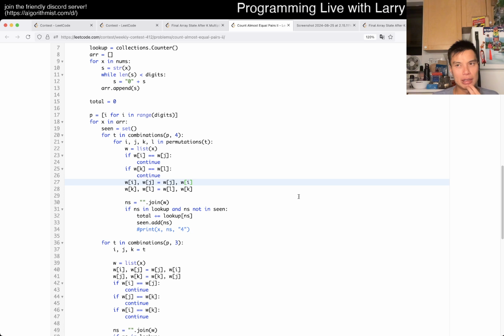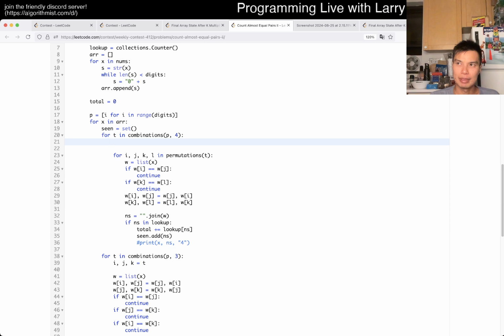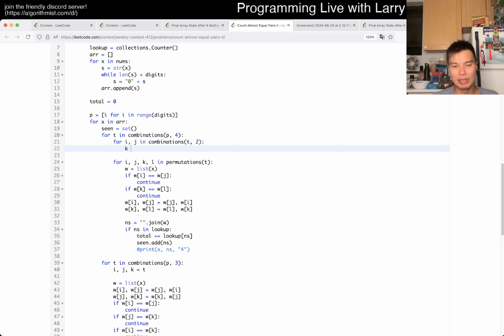So what I want now, if I don't want this seen thing, how do I do it? I want a partition, not even. We want a combination, and then the stuff that's not in the combination, right? So for ij in combinations of t taken 2, and then we have to get kl somehow, which is annoying.